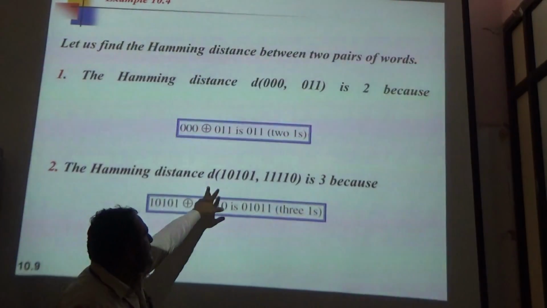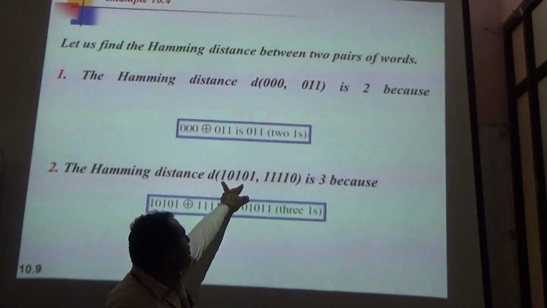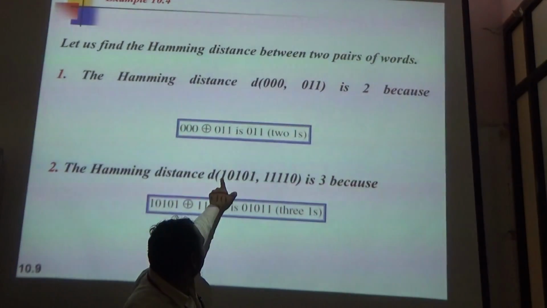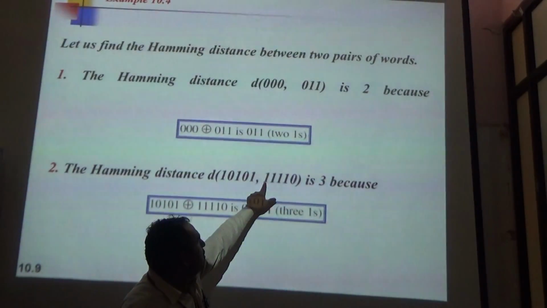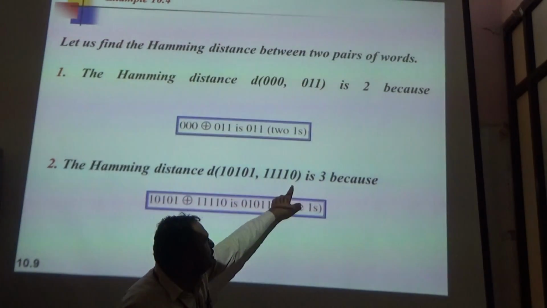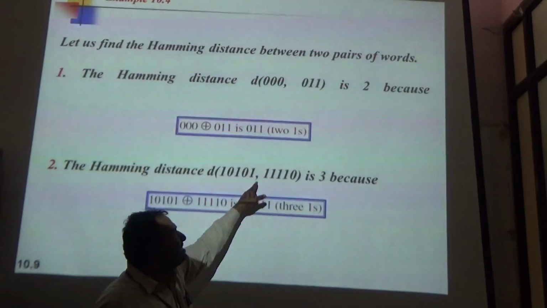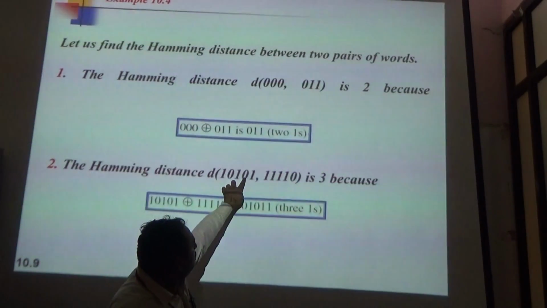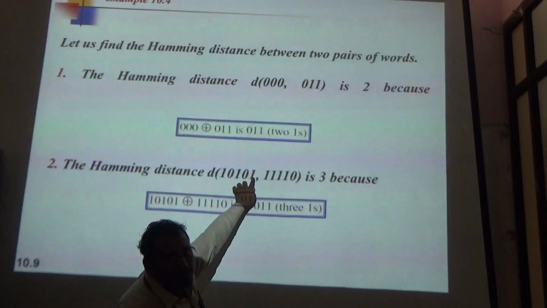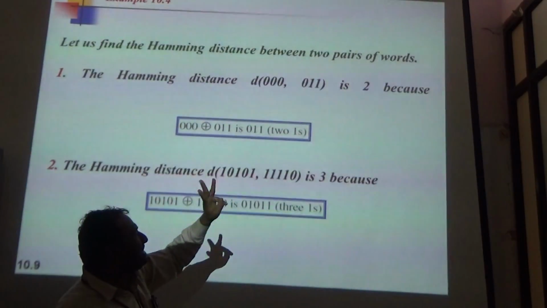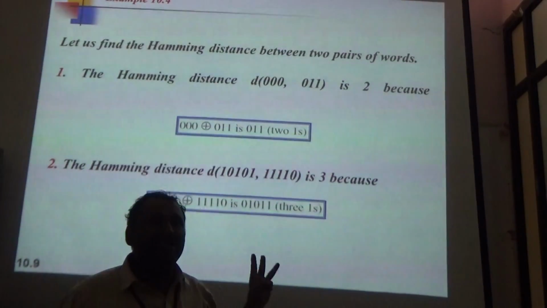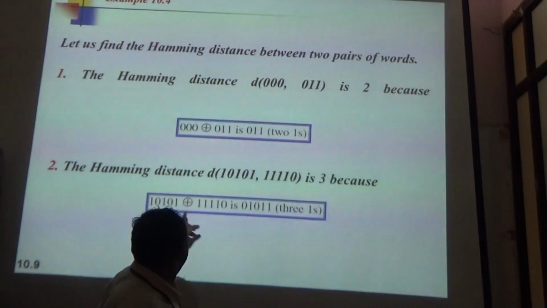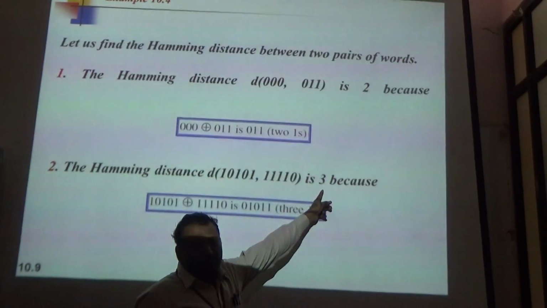If we find the Hamming distance between these 5-bit data words, 01101 and 10110, the bits that change are bit number 2, bit number 4 and bit number 5. So there are 3 places of difference, and that is why the Hamming distance is 3.